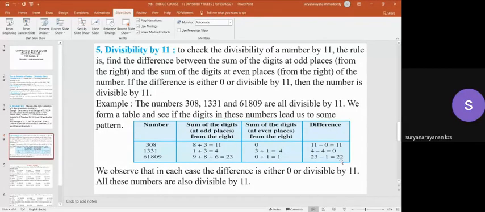What is the remainder if you divide this last number 61,809 by 11 using the long division? Divide this 61,809 by 11. What is the remainder? Tell me the remainder.